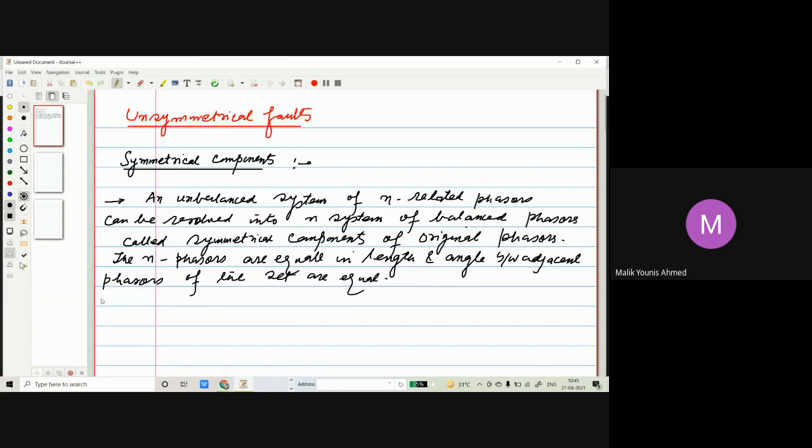There was one scientist who gave the Fortescue theorem.